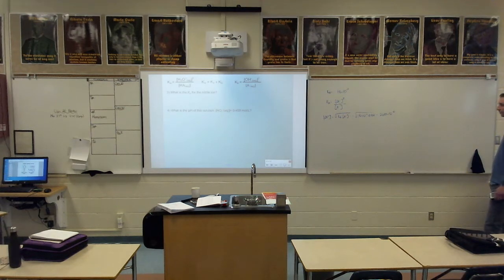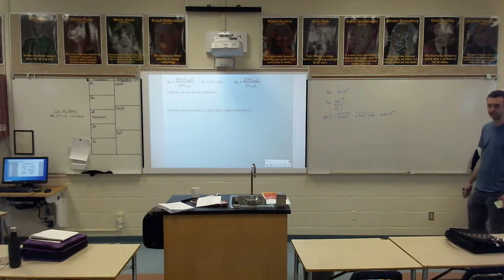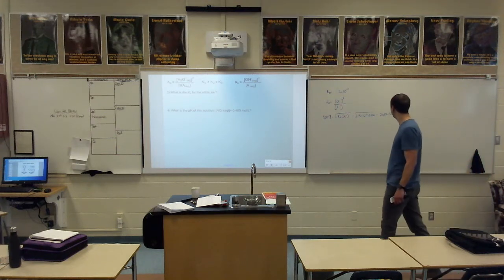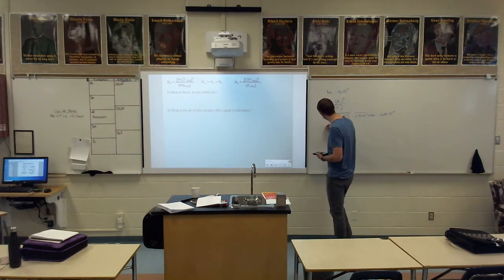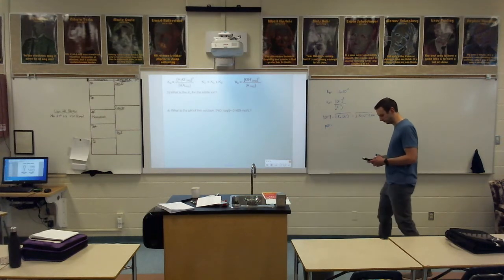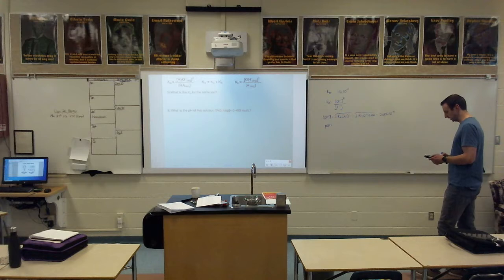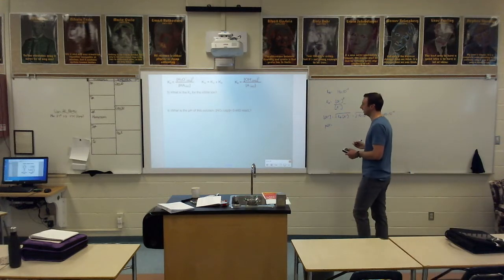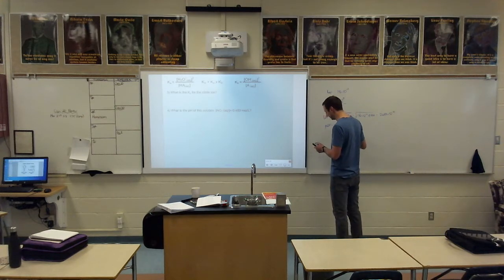So we actually have a pretty weak base here, right? That's not a high value. So now if I take the POH of this, and I'm doing some extra sig digs here just to make sure I don't mess up the value, I get 5.57. I have 3 sig digs, so 5.571.